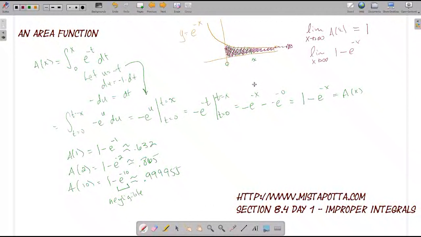And yet the area contained between these two infinite lines is a finite positive number.